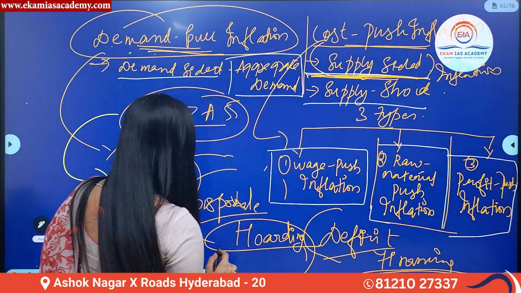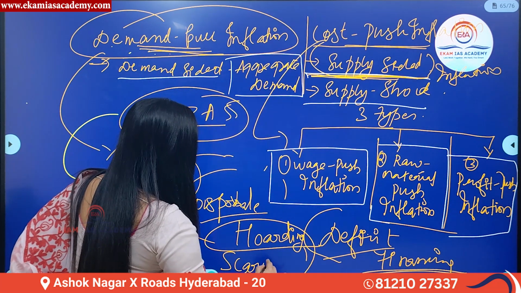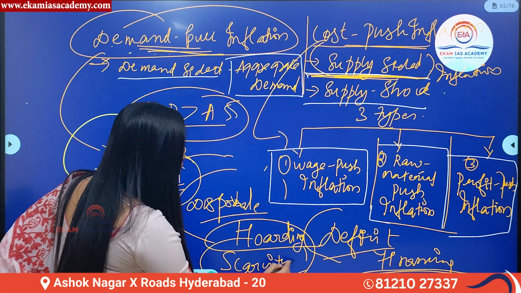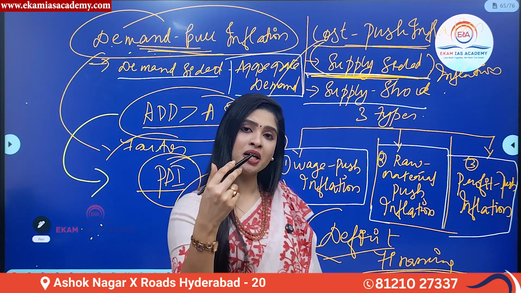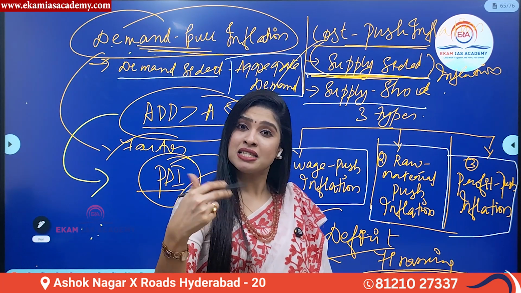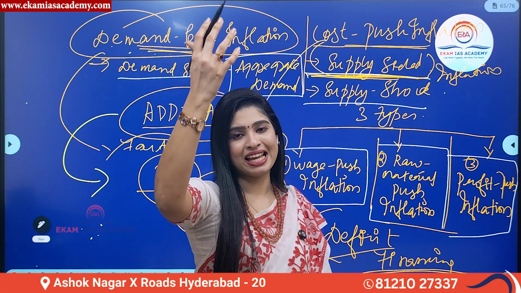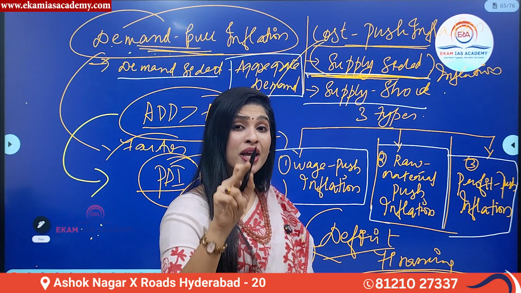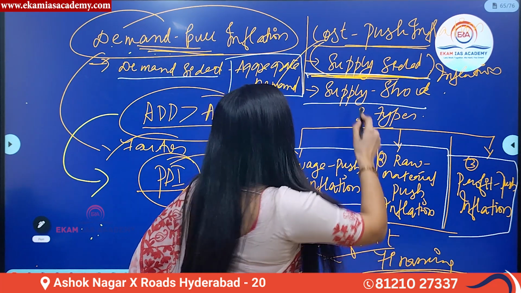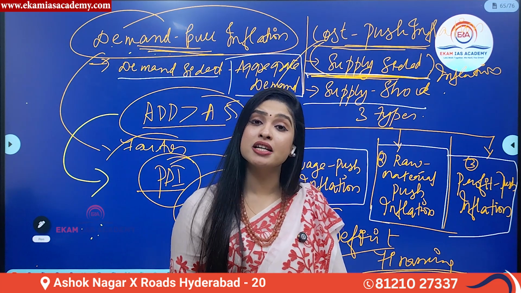What is scarcity? Limitation. So it is an essential commodity, right? When they start showing artificial scarcity, automatically what happens? Demand is still there. Slowly and gradually, prices will increase. So this is also one of the reasons or factors affecting cost push inflation. Is it clear?